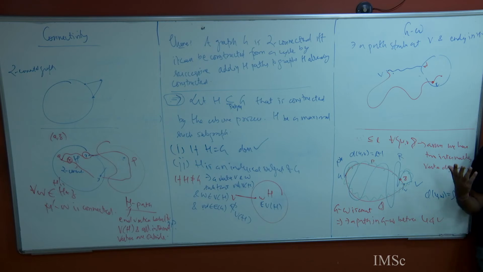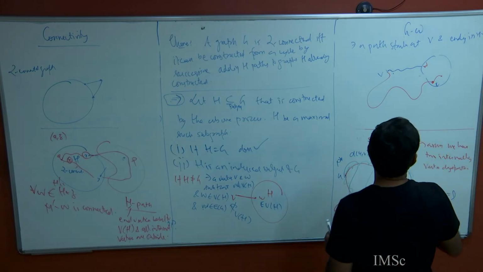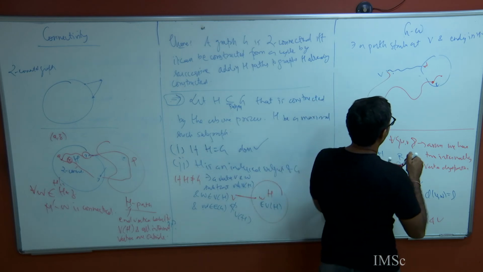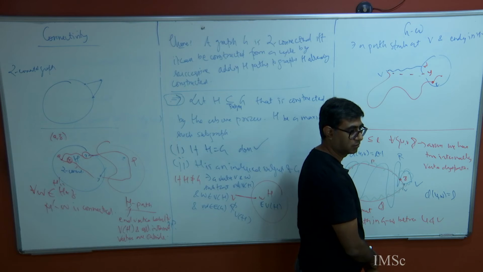Your problem is what happens if the vertex has degree 3, right? Did I answer your question or not? This is what your issue is, right?